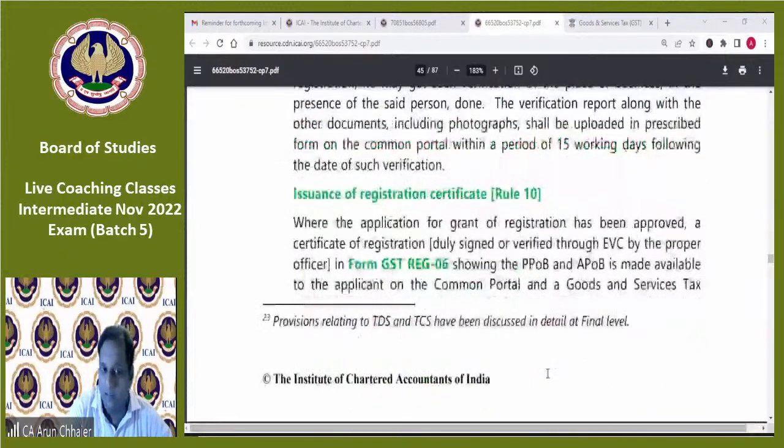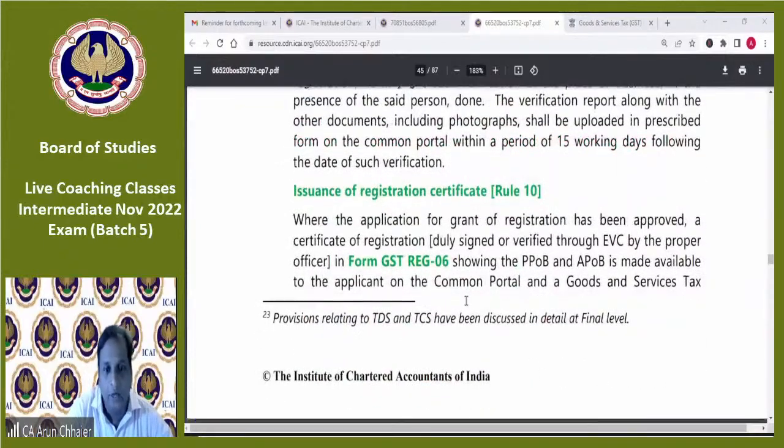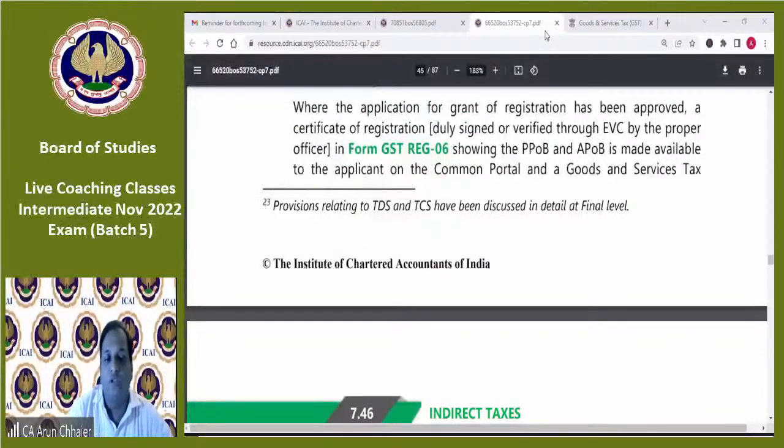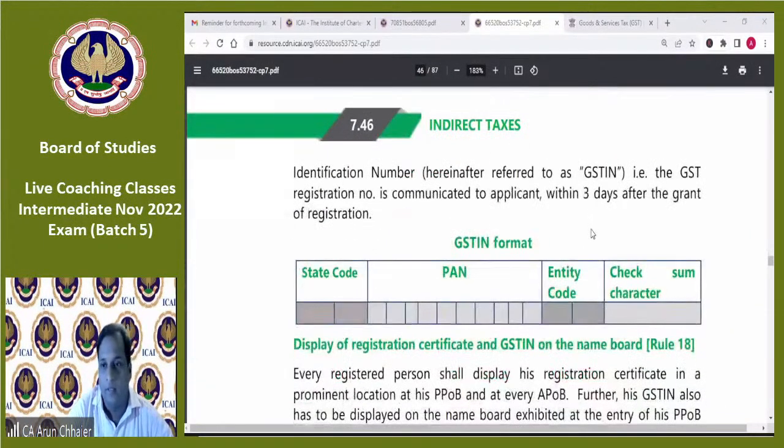Physical verification of the business premises, we have discussed. Rule 10 is talking about issuance of the certificate of registration in REG 06, showing the principal place of the business or additional place of the business, etc. In the last class, we discussed that the total is 15 digits. The starting 2 digits represent a state code, for example Delhi 07, Rajasthan 08, UP 09, Haryana 06.